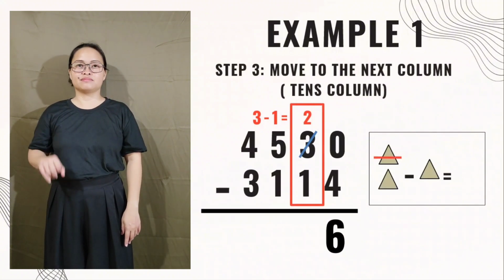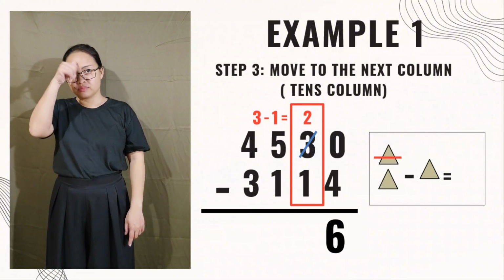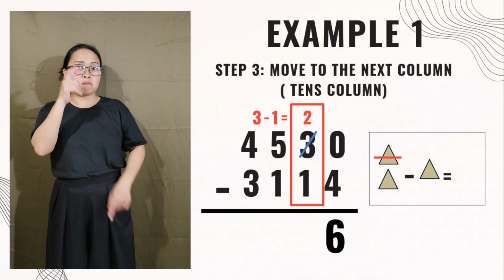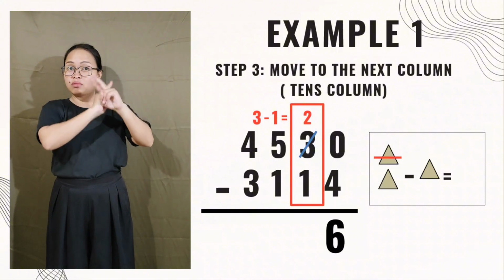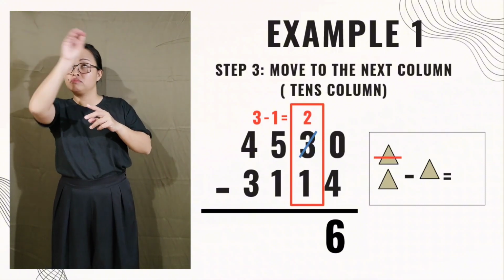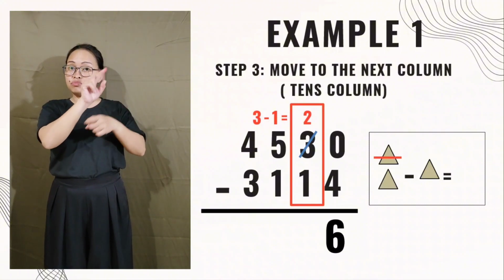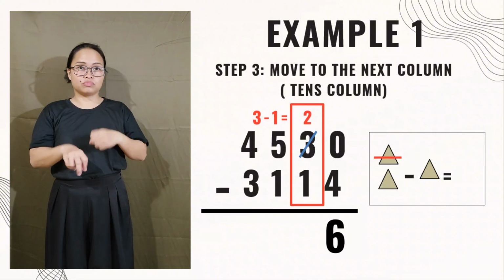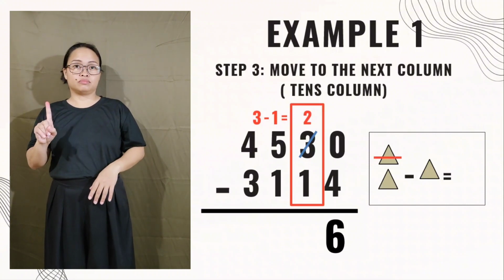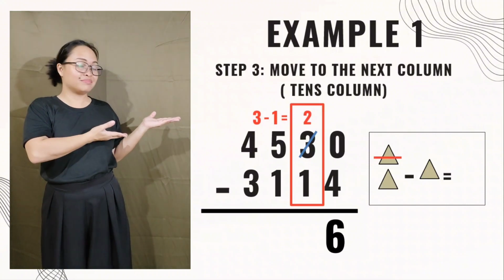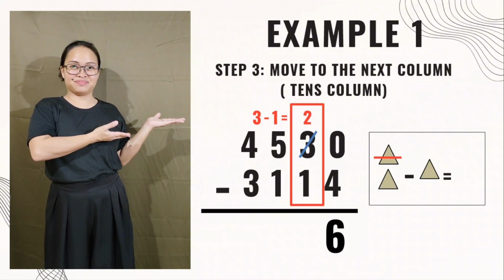As you notice, it should have been 3, but since earlier we borrowed 1 ten for 10 ones, it became 2. So 2 minus 1. Let's take away 1 from 2. We are left with 1.